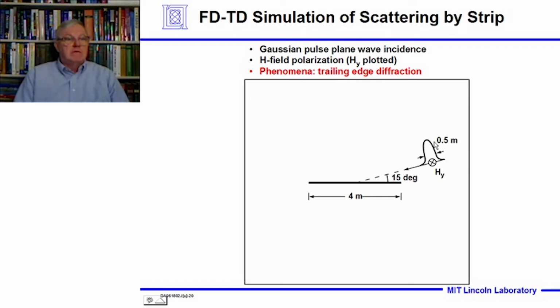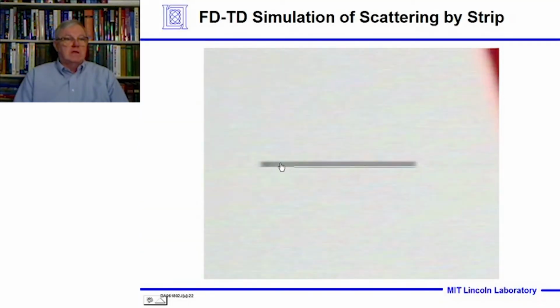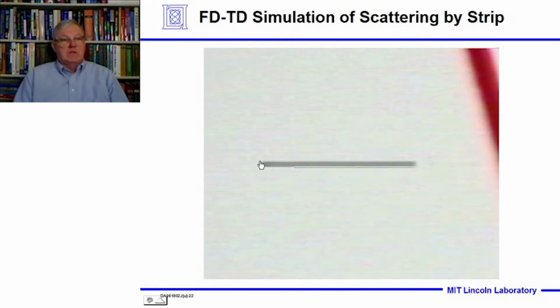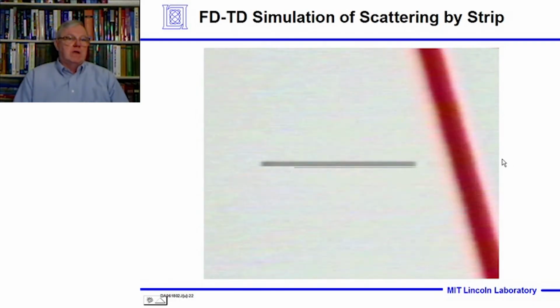But now when we have the magnetic field coming out and the electric field in this direction. Okay, now we'll see what happens. And we'll see we're going to get at the trailing edge the diffraction. We'll get the reflection back from the trailing edge diffraction.